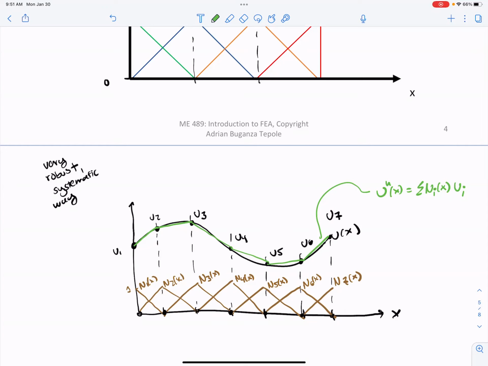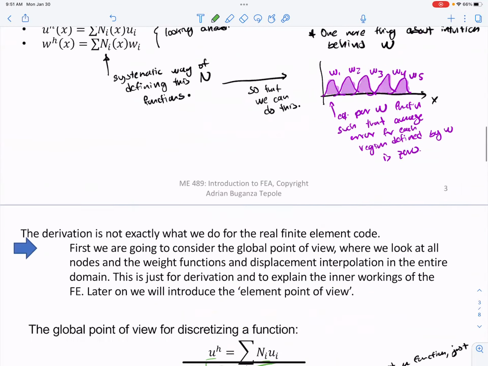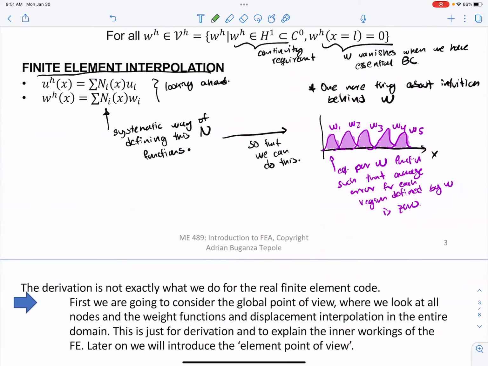And you can see that these N functions, these shape functions that I'm introducing here, follow the same idea of what I was talking about on Wednesday, that at the end, what I want to do is I want to be able to systematically define these weight functions in a way that they span small regions of the domain.